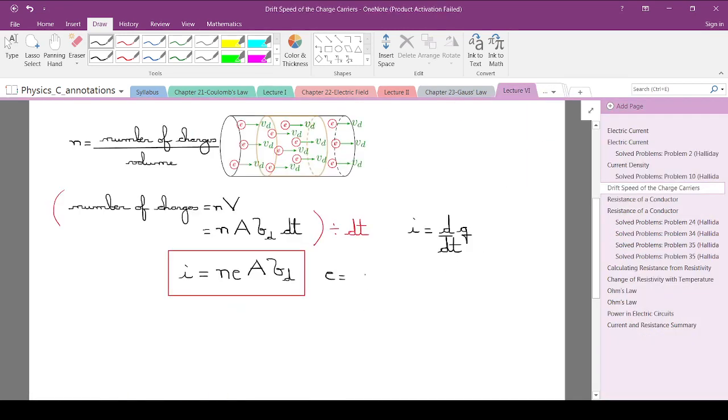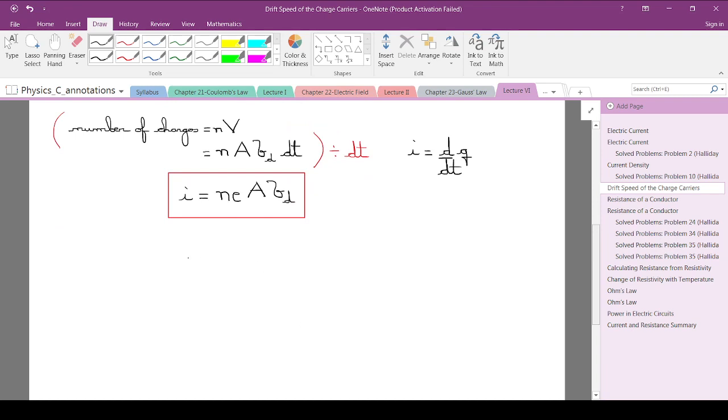And from here you can actually put here that the drift velocity is going to be I, the electric current divided by N, the density of free charges, times the elementary charge times the cross-sectional area of the conductor.